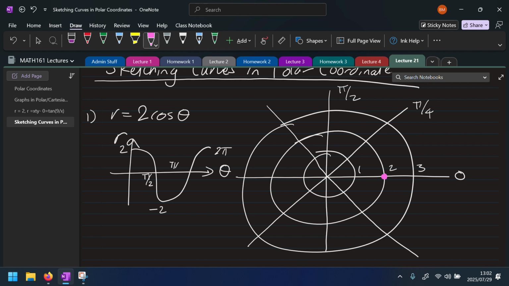Let's say pi over 4. That's that slanted line over there. So when the angle is pi over 4, what's the radius going to be? You have your calculators. Use them.